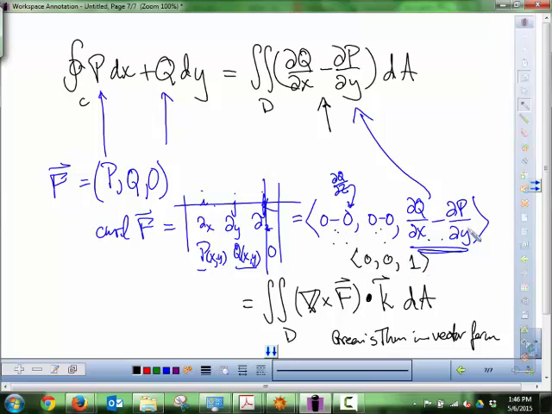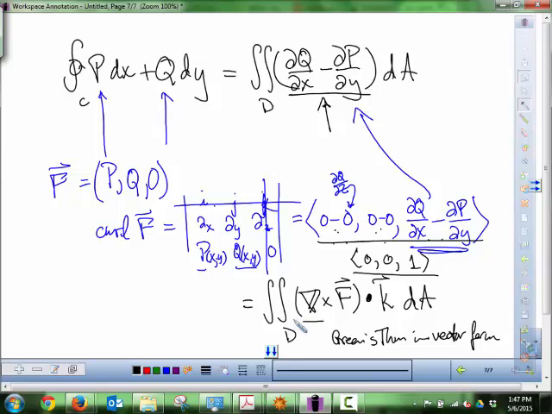So imagine dotting this curl with the vector 0, 0, 1, and that's exactly what you would get here. Yes, the unit vector 0, 0, 1.